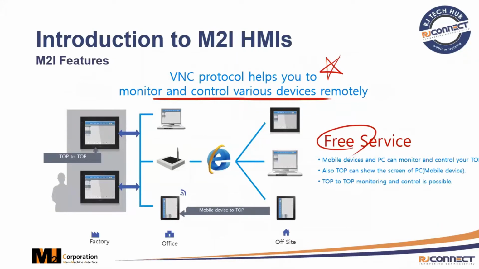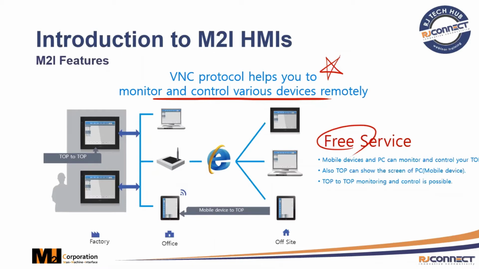One of the very unique, very nice features about the M2I series is the VNC support. So VNC is like remote desktop, but it allows you to control and monitor your HMIs through the VNC client. VNC can be installed on multiple devices.